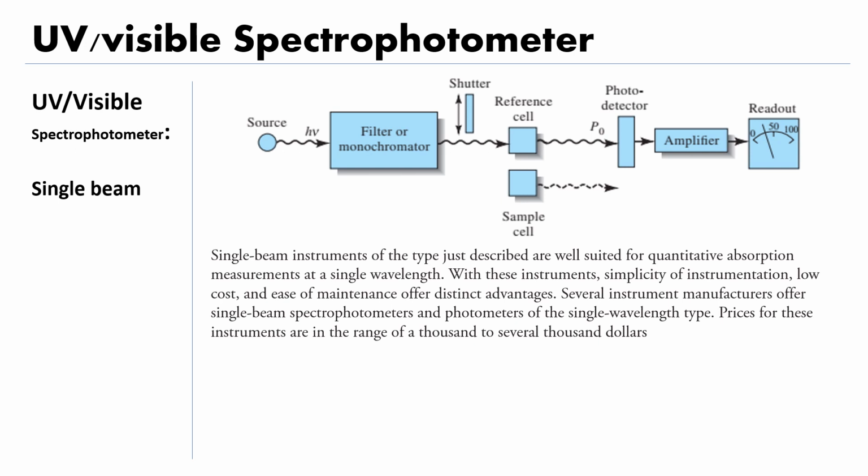First we take a reading of the standard or the blank, then remove that cuvette, wash it, and fill it again with the sample, and then measure the absorbance of that sample. So in a single beam we cannot measure the absorbance of the standard and the sample together. We first measure the reference or standard, then remove that cuvette, and in the same holder we place the sample cuvette holding the sample.